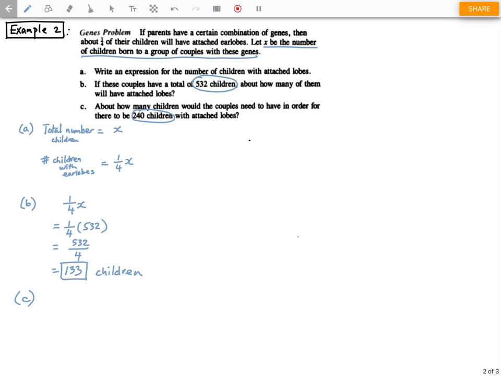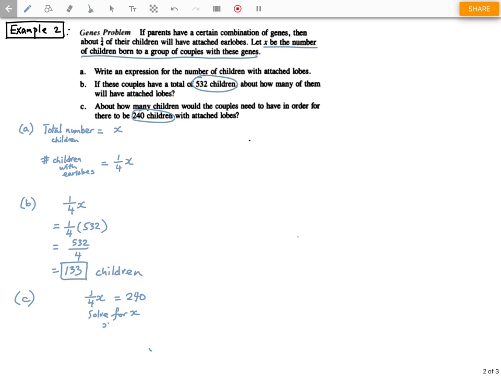Okay, so this is like what we learned earlier in this module, where we're solving for X. Instead of X being given, we're solving for X. So in this case, we know that 1/4 X, that's the children with earlobes, equals 240. So we need to solve for X.